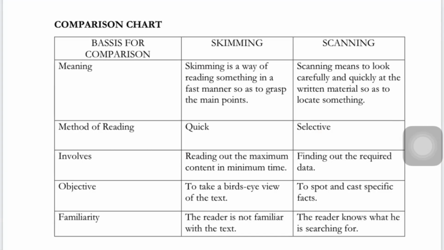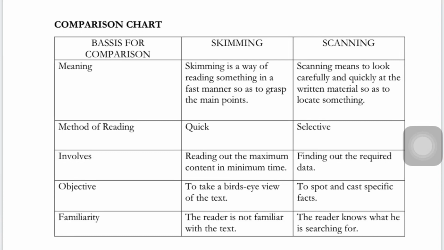So guys, this is the comparison chart that I told you about, and there is a basis for comparison of skimming and scanning. We start from the meaning of skimming. Skimming is a way of reading something in a fast manner so as to grasp the main points. And scanning, in meaning, is to look carefully and quickly at the written material so as to locate something.